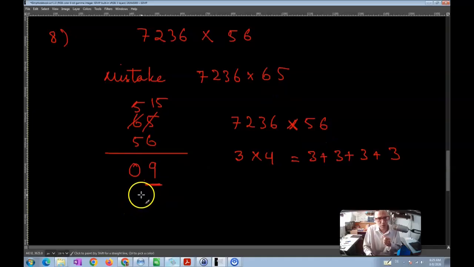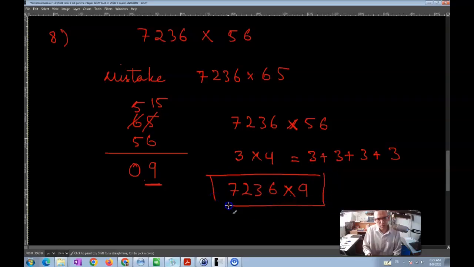That's essentially 9 times. So that means the difference would be 7,236 added to itself 9 times, or essentially 7,236 times 9 basically. That is going to be the difference, right?